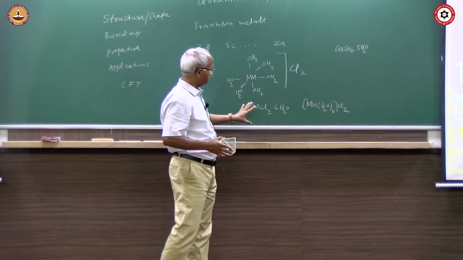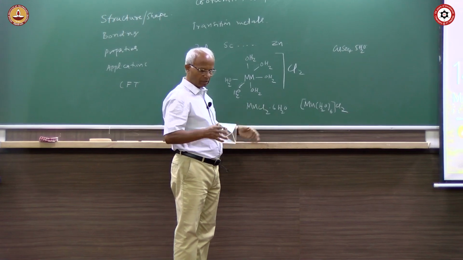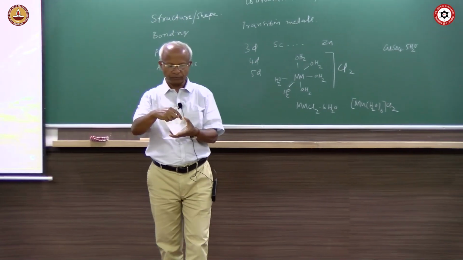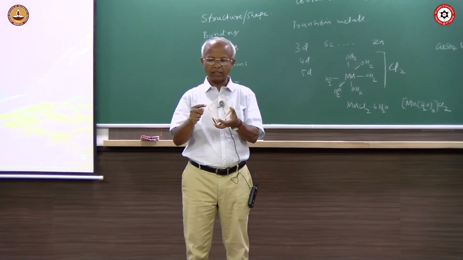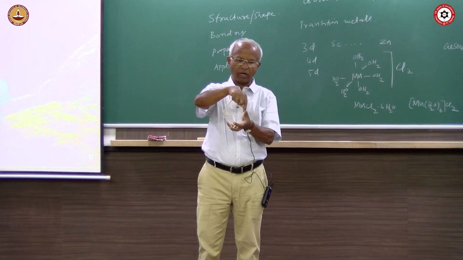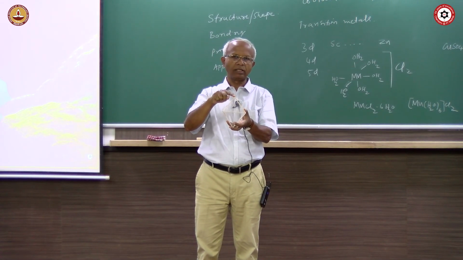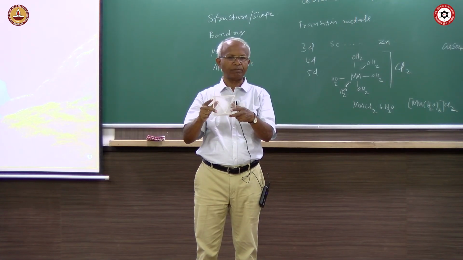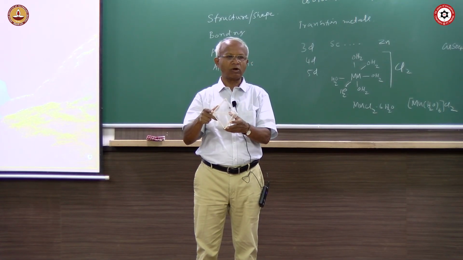So this is a perfect octahedron. What it means is 6 waters, each water at one vertex. You can see here in the center you have 4 vertices, and one above and one below. If I invert this, I get the same shape. This is what is called the presence of an inversion center of symmetry.